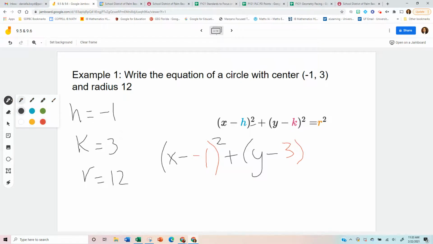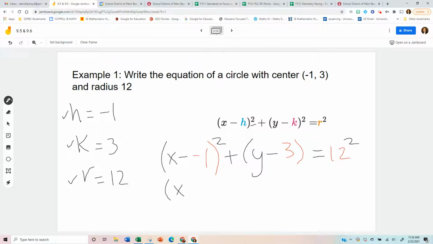Then I'm going to do equals, and then I need r. And r in this case happens to be 12, and I have to do r squared, so I'm going to square it. So this is my first step. I want to label everything. You need h, you need k, you need r. You then plug into the formula, and now from here we're going to simplify.